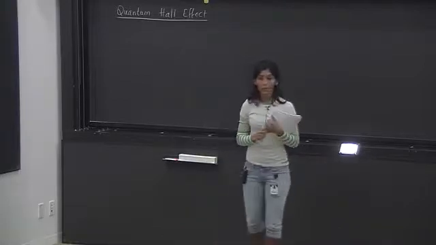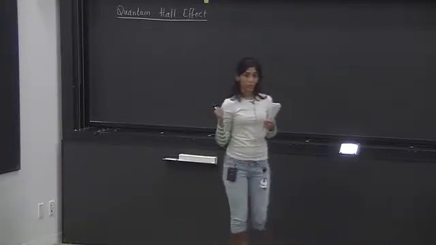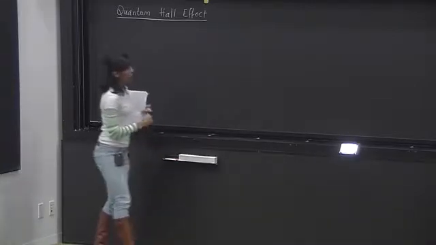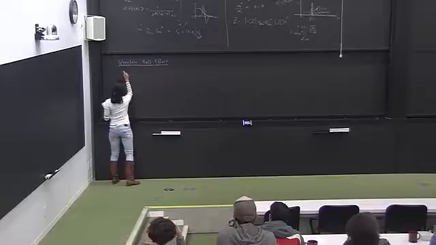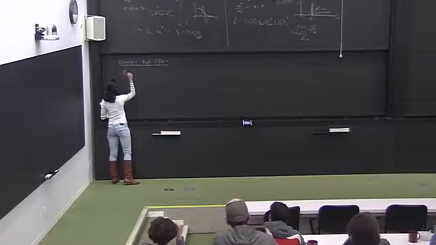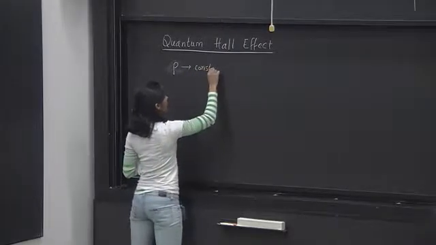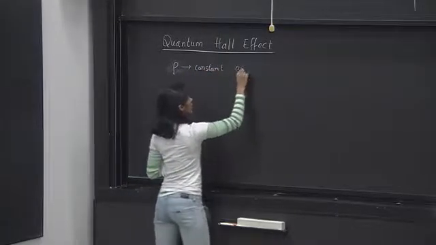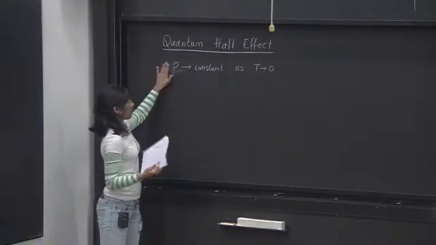Okay, so far we've been talking about metals, right? We started with one definition of metals, which is through their transport. We were talking about systems such that the resistivity tends to a constant as T goes to 0. Okay, so what is resistivity?